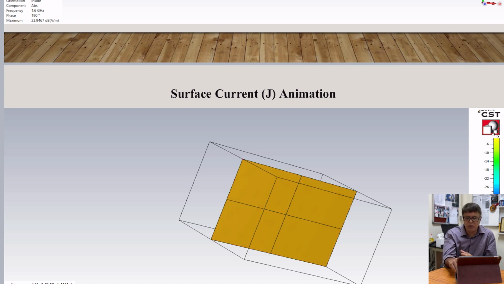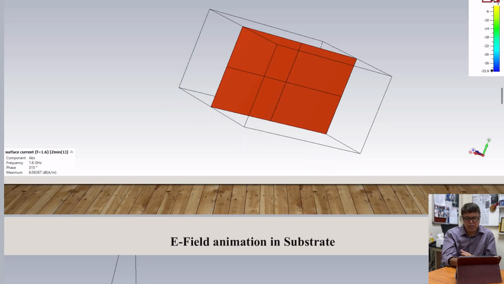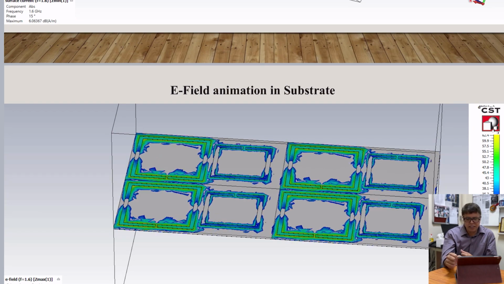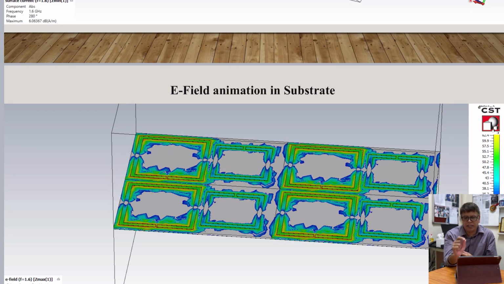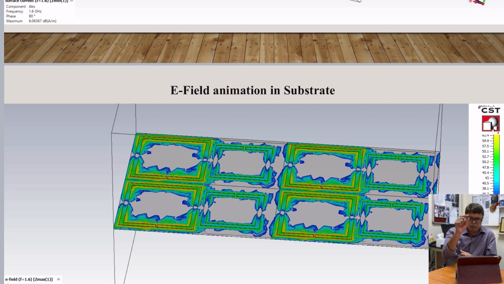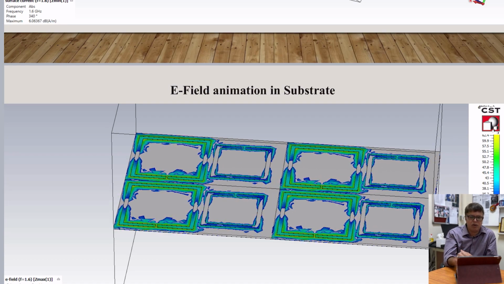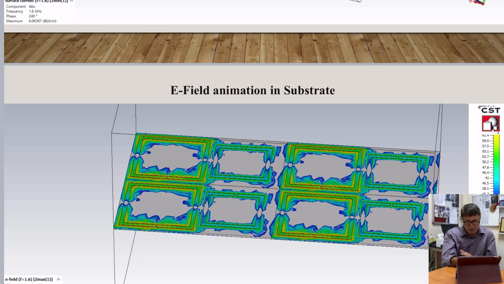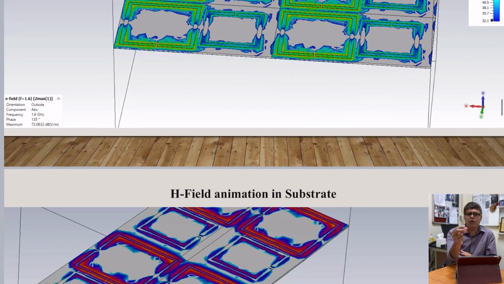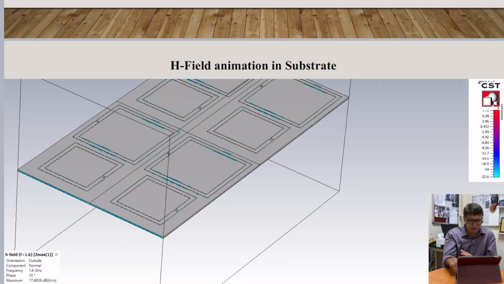Now the same thing can be seen with the ground plane, where the surface current J animation is represented. We have already seen the E field and H field at a particular frequency. Now we will see both frequencies' simulation in one particular diagram. Here we see the E field animation in the substrate, where the dielectric loss is taking place.